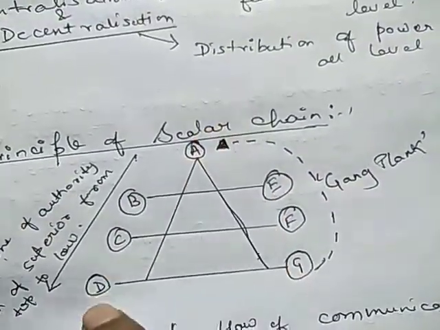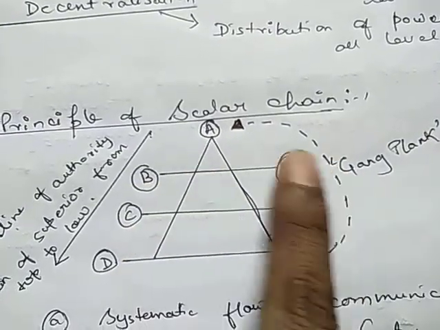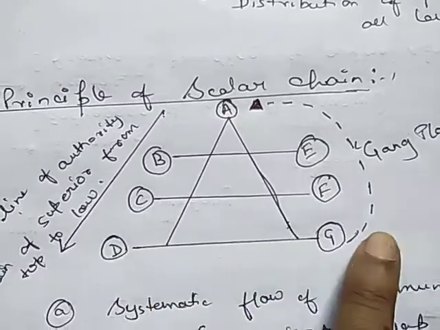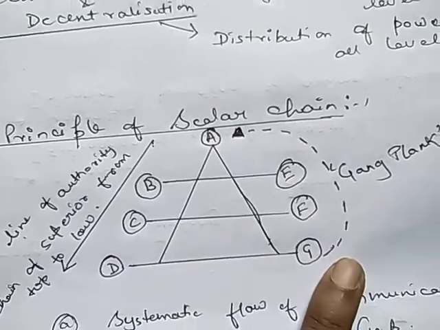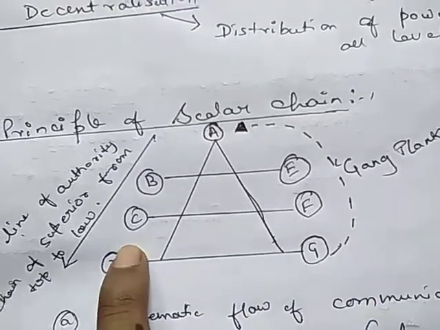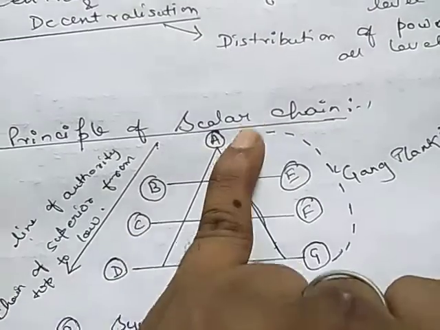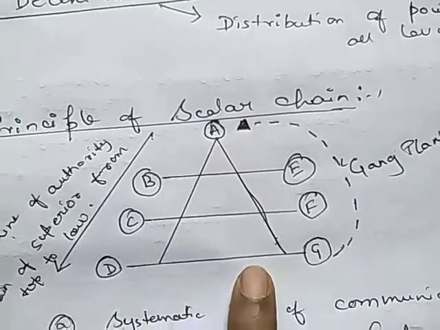Also, मान लीजिए अगर ये production department है, ये sales department है, so sales, production वाले आपस में communicate बहुत ज़्यादा नहीं कर सकते. अगर मान लीजिए D वाले को G को कुछ बताना है, sales department के supervisor को production department के supervisor को कुछ बताना है, तो D C को बताएगा, C B को बताएगा, फिर A, फिर ऐसे जाएगा. It will go like this, it can never happen like this. Understood? कभी ऐसे नहीं हो सकता है.